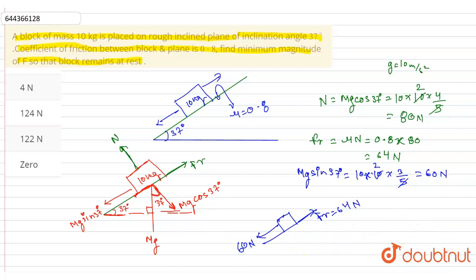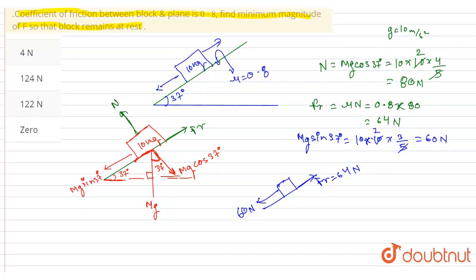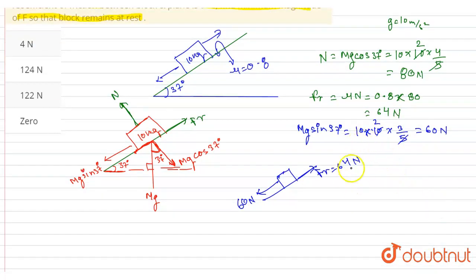So one thing here we have to understand is that the 64 Newton is the maximum value of static friction, because as we know, static friction is a force which can adjust itself according to the force acting on that body. So in this case, 60 Newton is acting in downward direction, so the value of static friction is 60 Newton in upward direction along the plane.